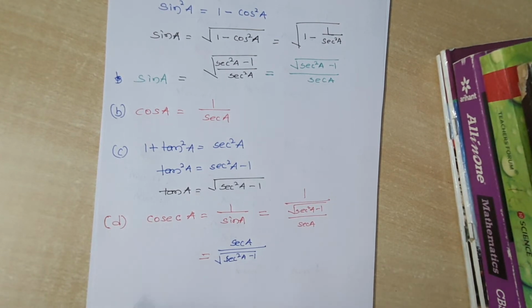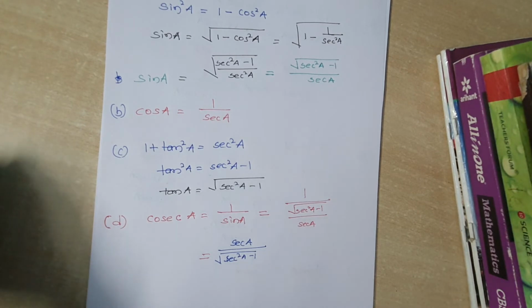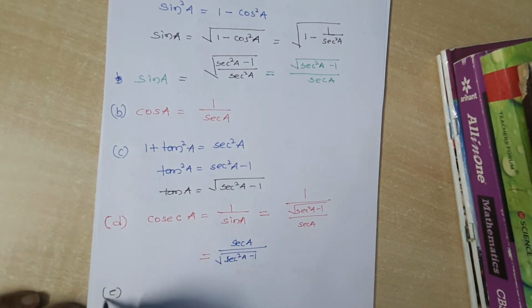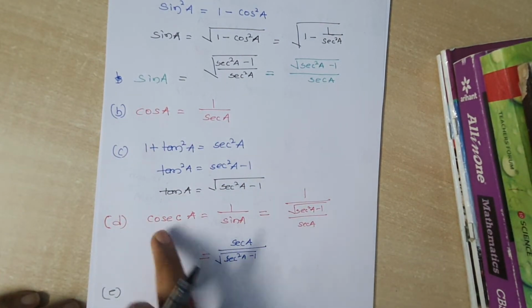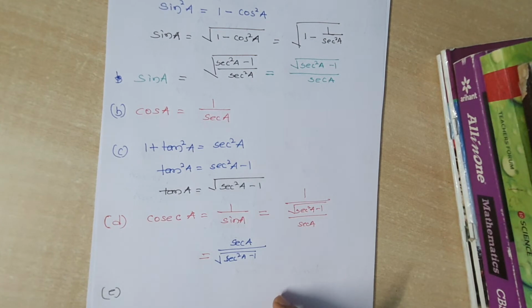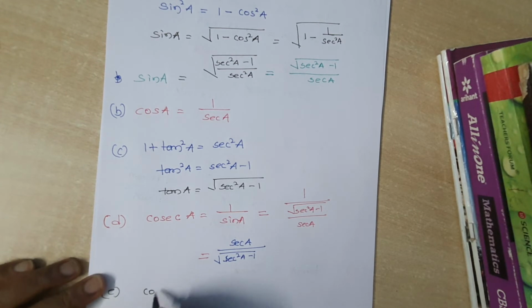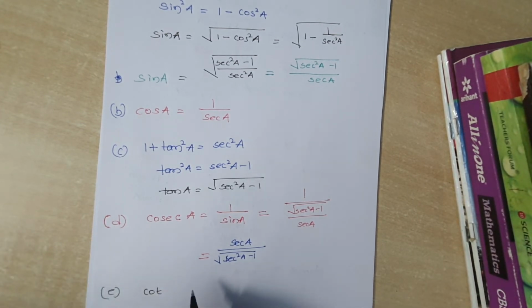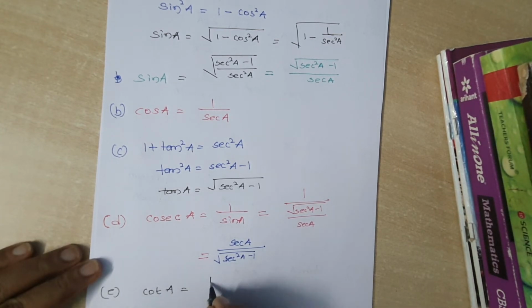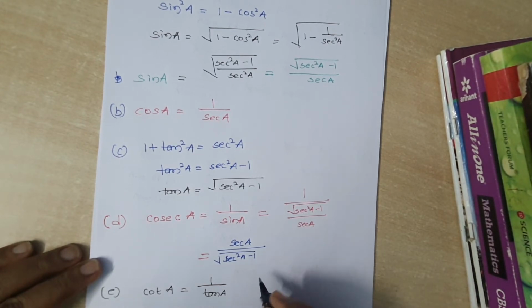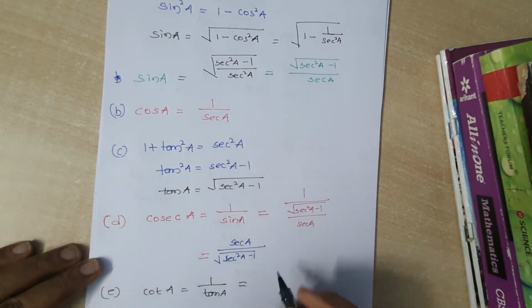Now cot. See, sine, cos, tan, then cosec. Sec we know, we don't want sec, but cosec and cot. Now cot. Cot A is equal to 1 by tan A. So what is tan A?